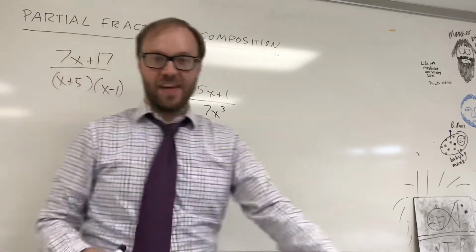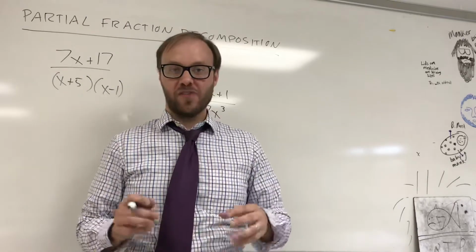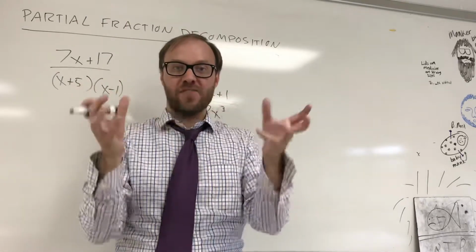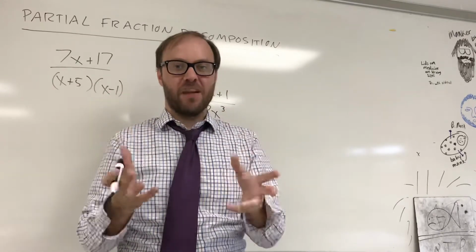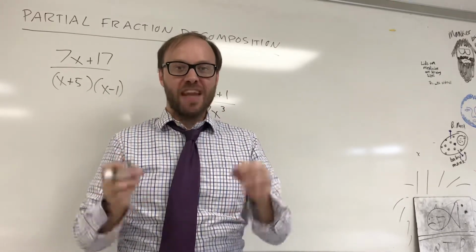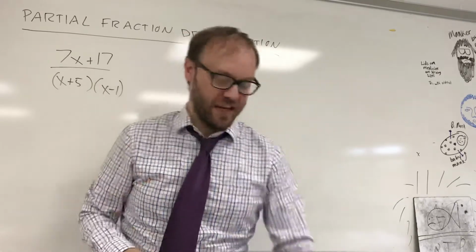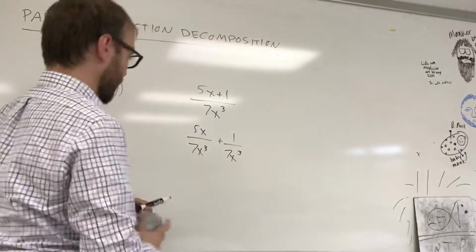We've had this idea probably going back to Algebra 1, that you can break up a numerator as a sum or a difference as long as you keep the common denominator. That is a way you can break a fraction up, but it's not what we're going to be doing here.